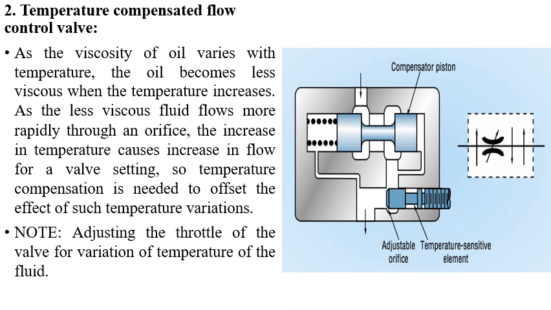When the length changes, the throttle opening also changes, and thus the flow is compensated for the temperature variation. The graphical representation of the temperature compensated valve is shown on the side of the diagram.